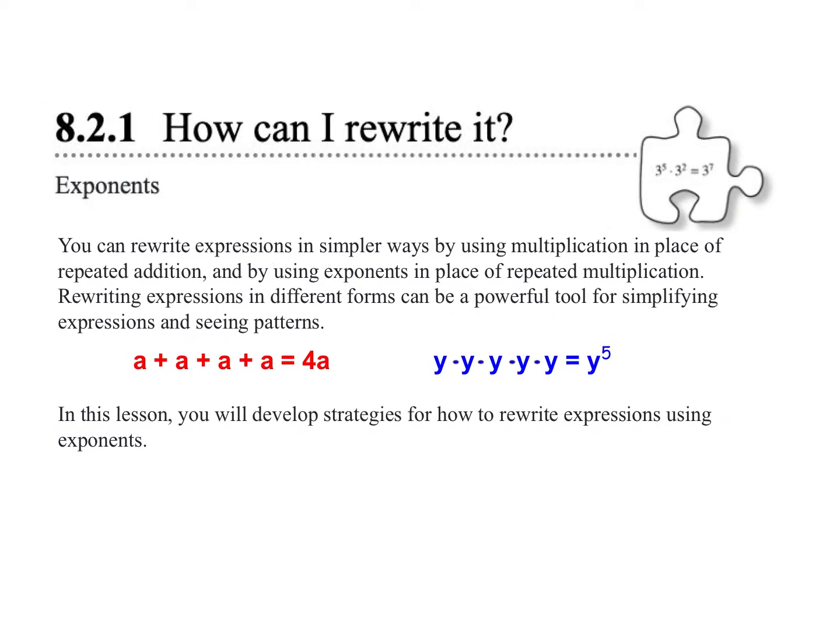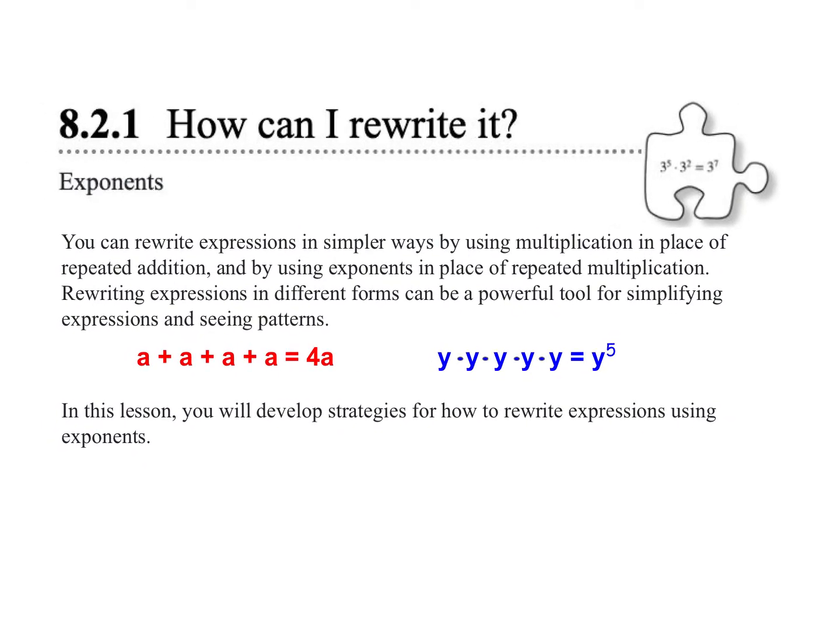If we take a look here, we can remember that you can rewrite expressions in simpler ways by using multiplication in place of repeated addition, and by using exponents in place of repeated multiplication. Rewriting expressions in different forms can be a powerful tool for simplifying expressions and seeing patterns. So we can see here that a plus a plus a plus a is just repeated addition, which is 4 groups of a.